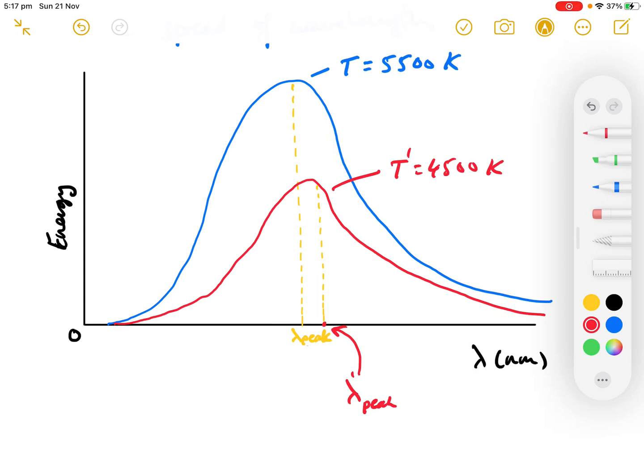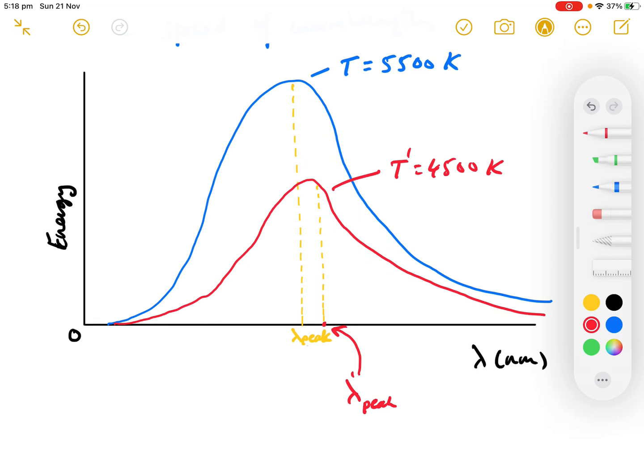So when the temperature at the surface of the star is different from another star, the curve has the same general shape, but the peak shifts to the right and it's not as high. It's not giving off as much energy per square meter per second, essentially. So you can see that a cooler star doesn't give off as much energy in general as a hotter star, and its general wavelength profile is shifted to the right.